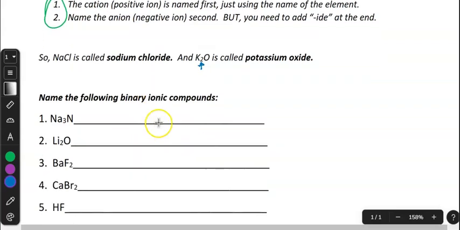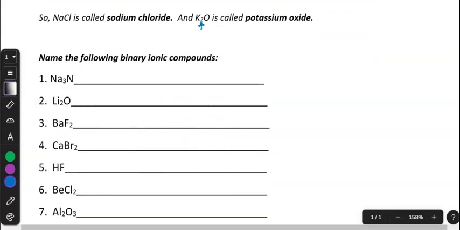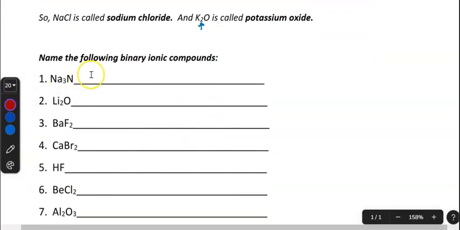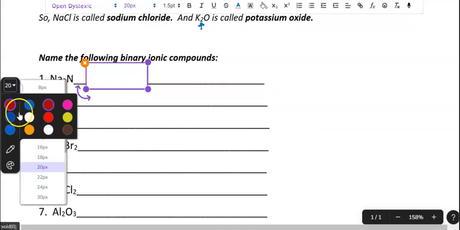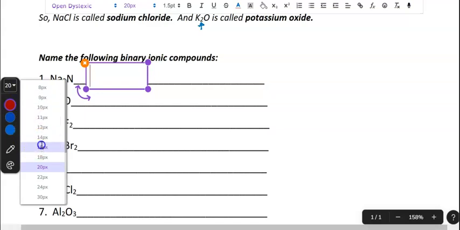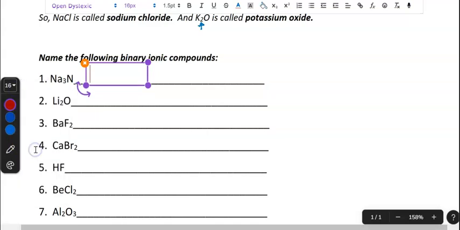Okay, let's take a look at a couple of these examples. So for instance, here we have Na3N. What this means is that we have 3 sodium atoms for every nitrogen atom in the ionic crystal. So, in order to name this compound, the first thing that we're going to do is name the cation. So, just like up at the top, the name of Na is sodium.